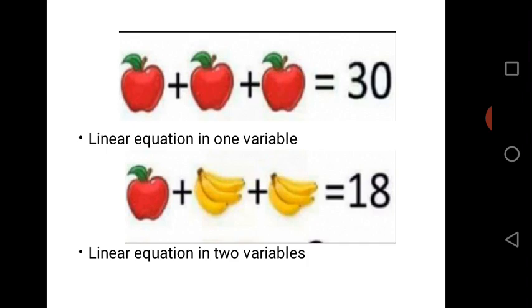In the next picture we can see that the sum of two different fruits is equal to 18, meaning for some value of apple and some value of banana, if you take the sum of those two, you will get 18. Two different types of fruits can represent two different variables. So it is an example of a linear equation in two variables.